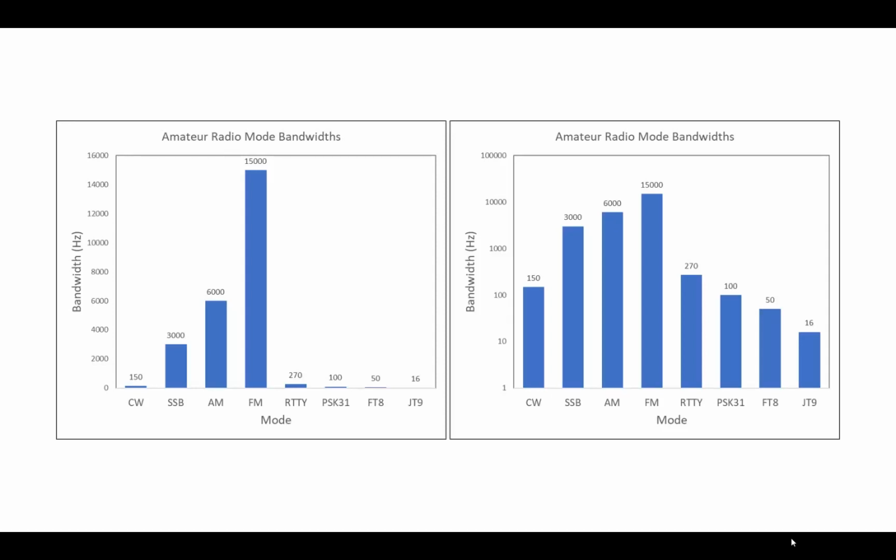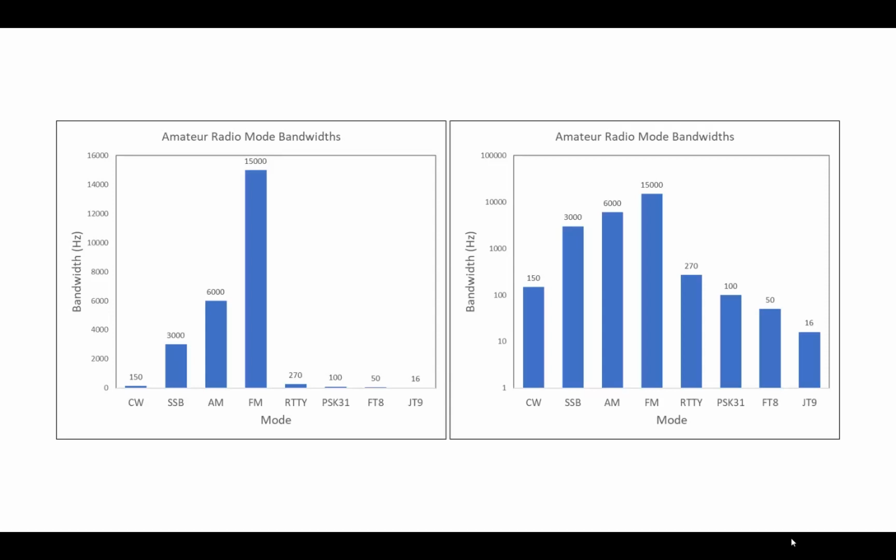It's about 15 kilohertz wide. AM is about 6 kilohertz. Single sideband, which is really just one of the sidebands of AM, so figure about half of that. Typically we think of single sideband as about a 3 kilohertz bandwidth. Technically it can be a little smaller than that. CW transmissions are about 150 hertz, much smaller bandwidth.